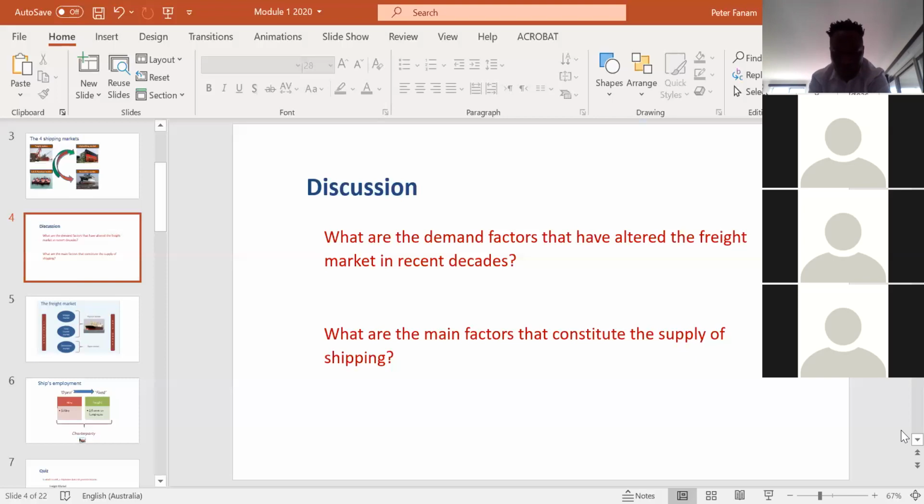The main factors that constitute the supply of shipping: the demand in general kind of sets what the supply is coming through, and a lot of the ones already said before, like the number of ships and how the commodities trade kind of sets through.